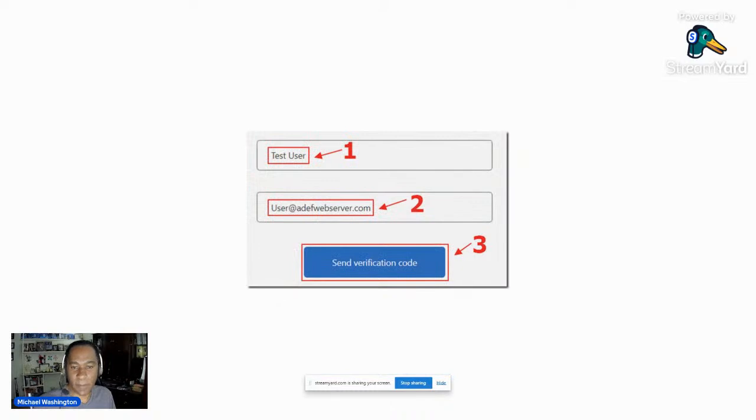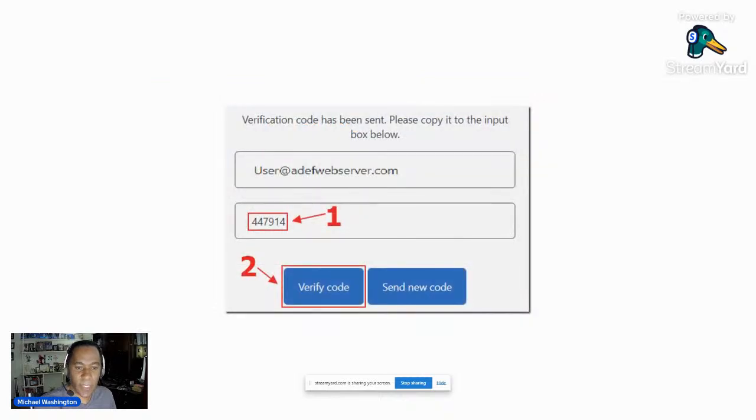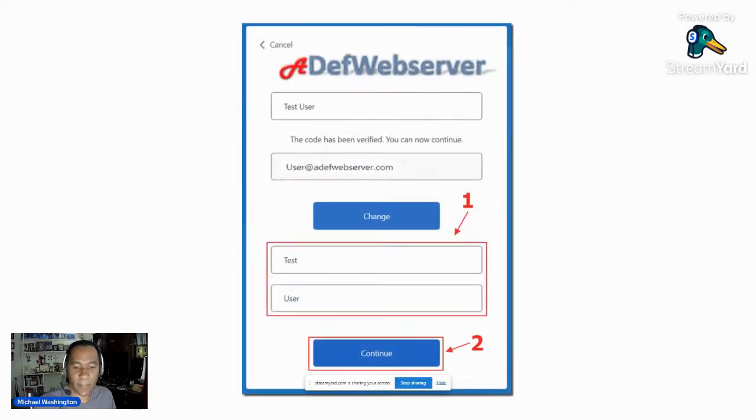We fill in a name and our email, send the verification code, and when we check our email, we'll see a code has been sent. We copy that code, paste it back into the box, and click verify. After it's verified, we can put in our first name and last name and click continue.